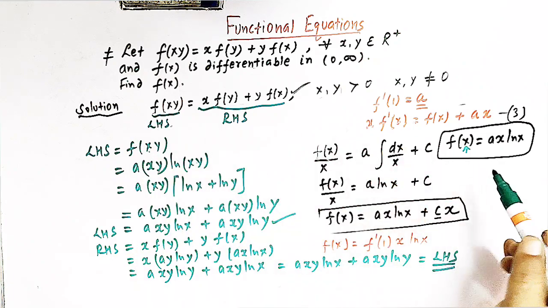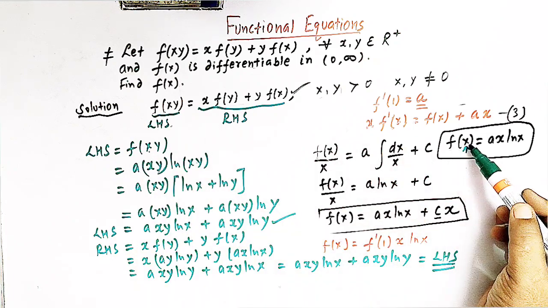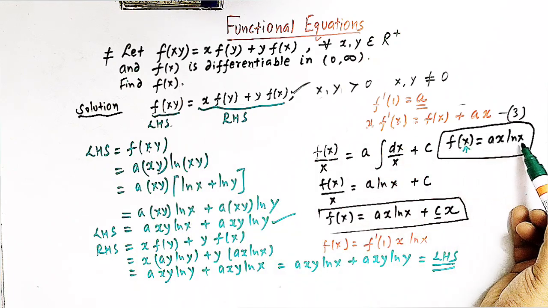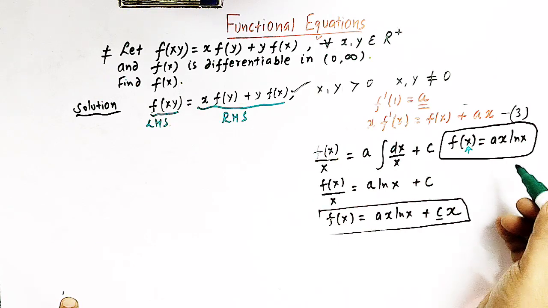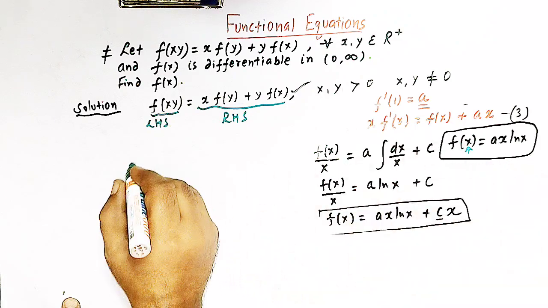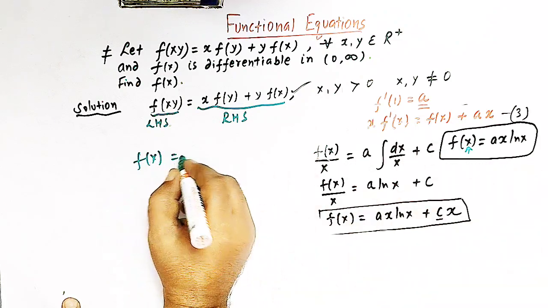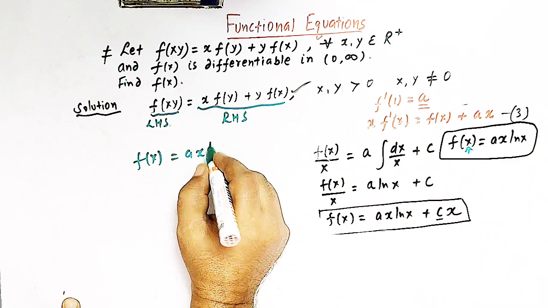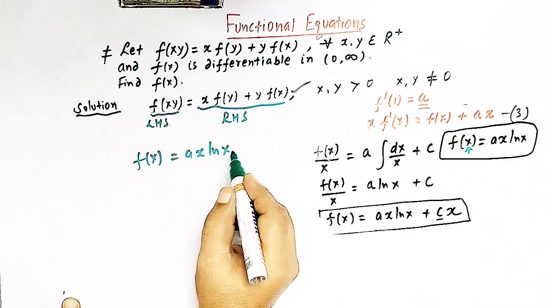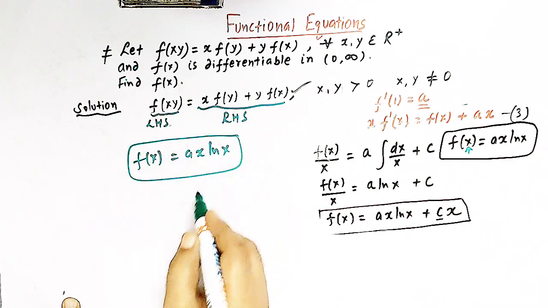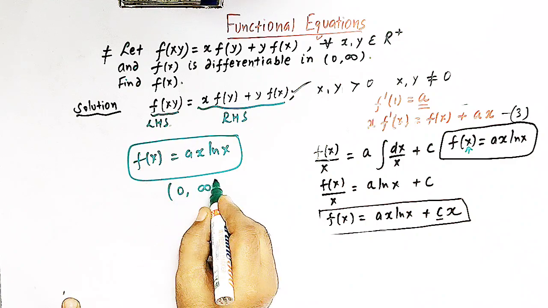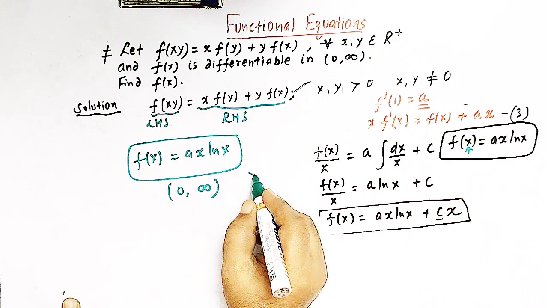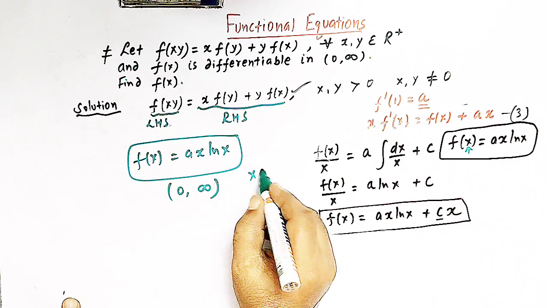So viewers, we can see that this function f(x), which is ax log x, satisfies this functional equation. Now let us closely look at this function f(x) is equal to ax log x. Now see, the domain of this function must be the interval 0 to infinity, because here we cannot have x is equal to 0.